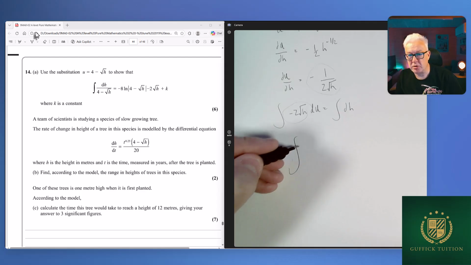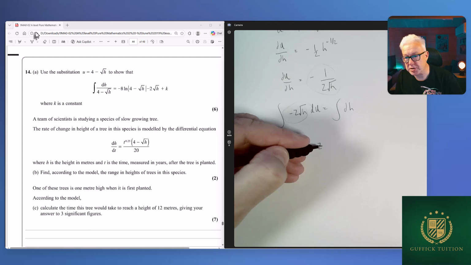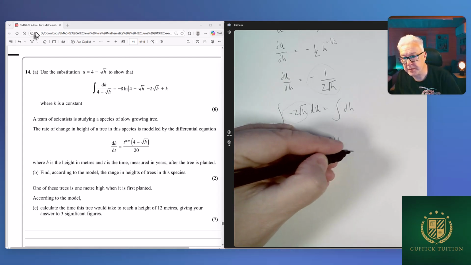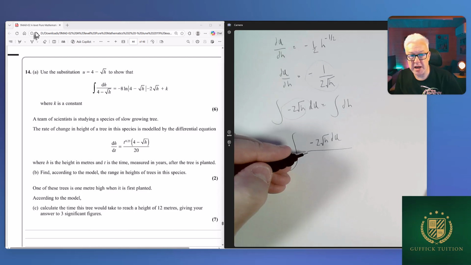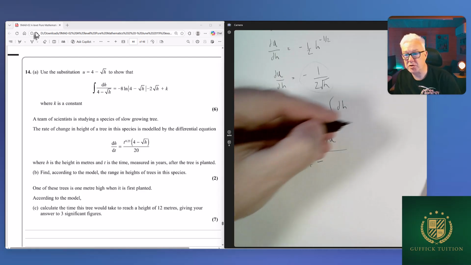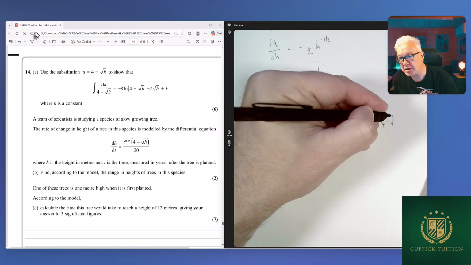So here's our integral. The dh on the top has now been replaced by minus 2 root h du. We've got our denominator now, which is 4 minus root h, and we've got u is equal to 4 minus root h.